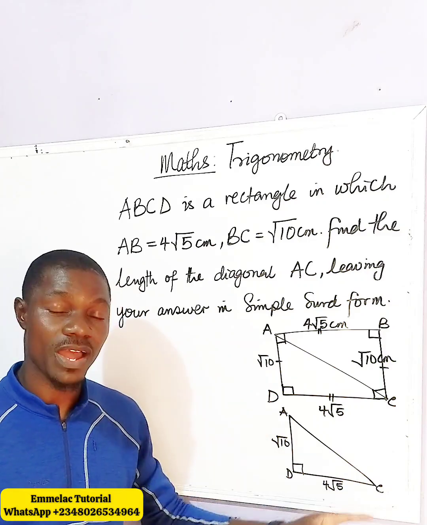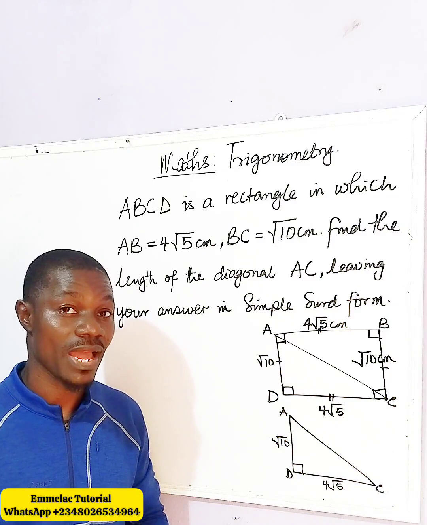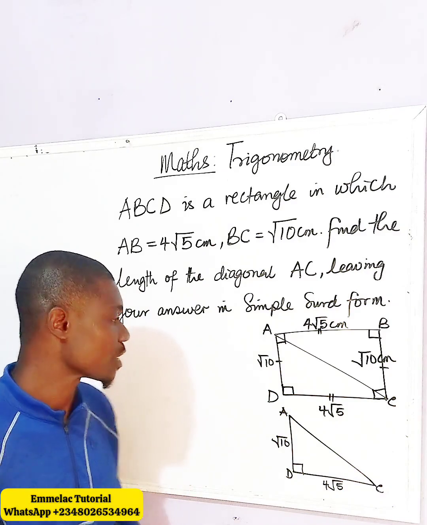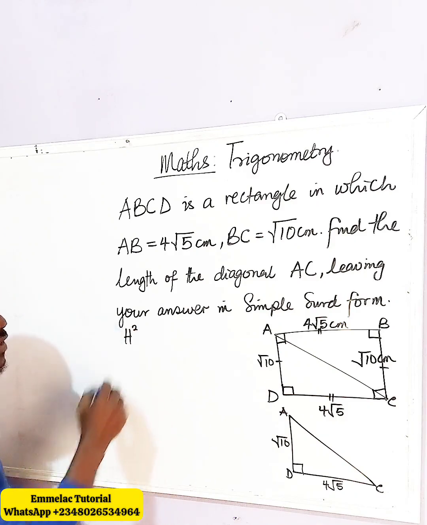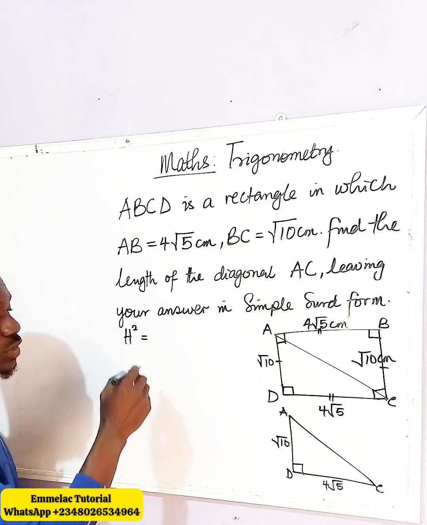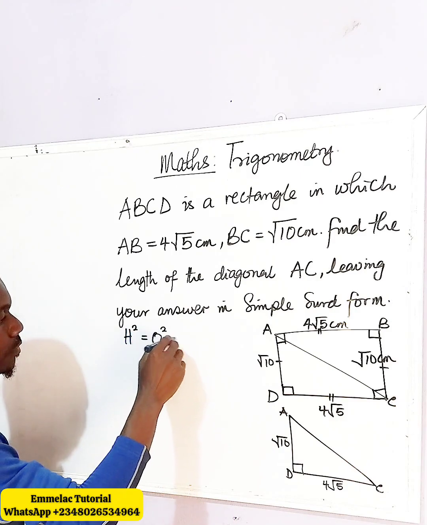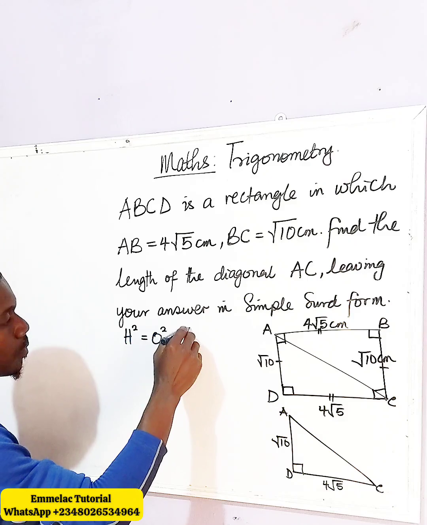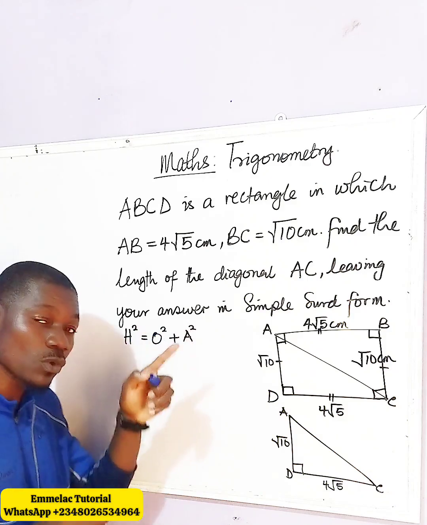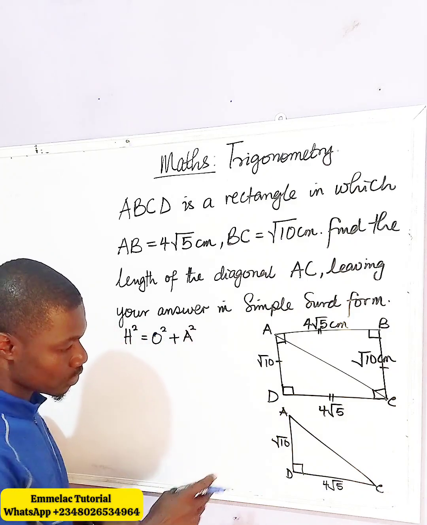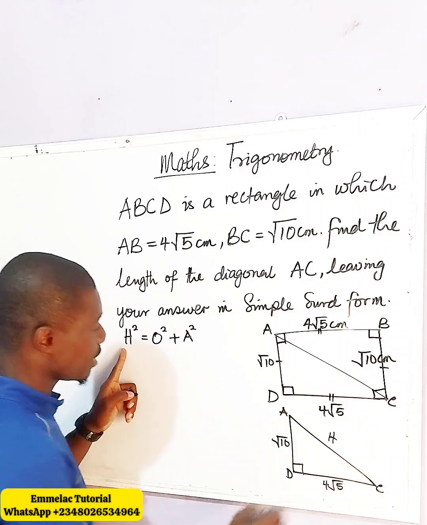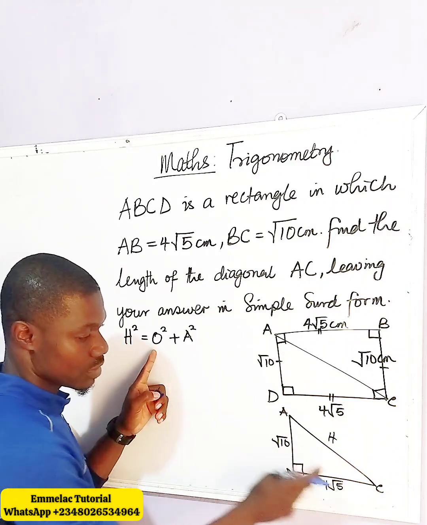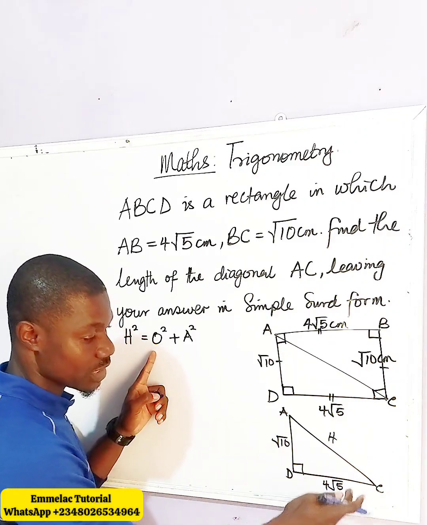And for us to find AC, we need to apply the Pythagoras theorem. Okay, and the Pythagoras theorem says the square of the hypotenuse equals the sum of the squares of the two other sides. So that is the hypotenuse, which is the long side here, then opposite, whichever one you can take as the opposite.